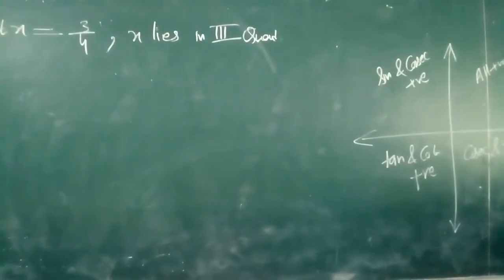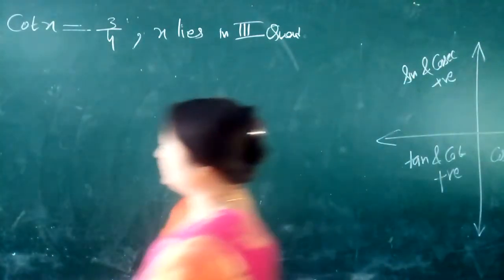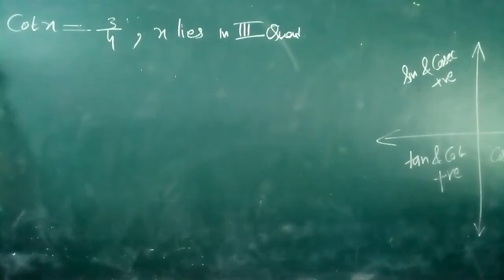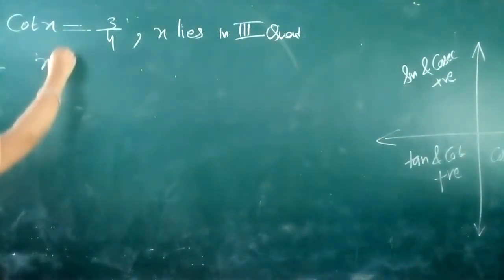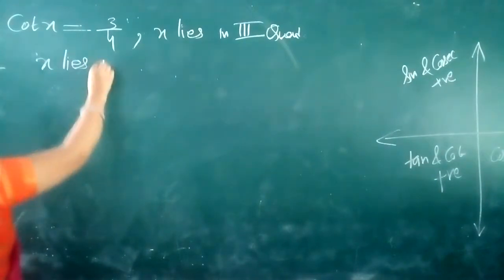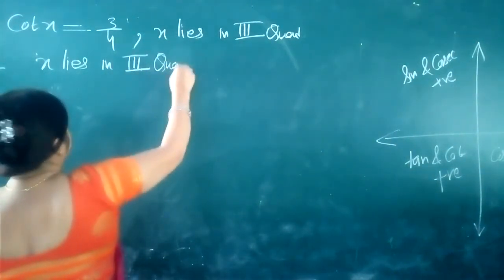So it means x lies in the third quadrant. In the third quadrant tan and cot are positive. So first of all we will write here: x lies in the third quadrant.